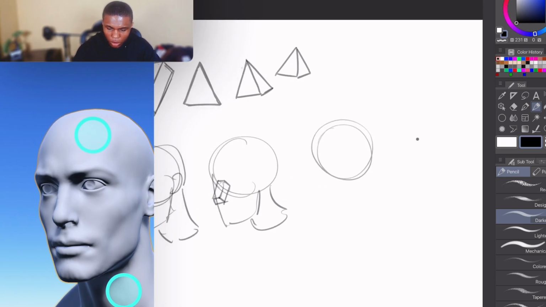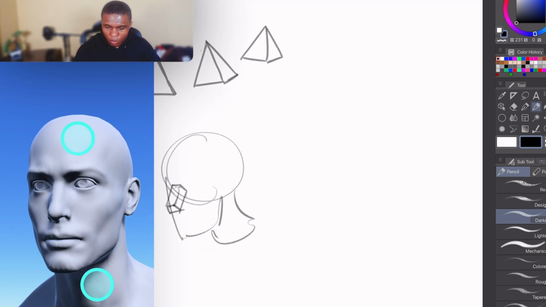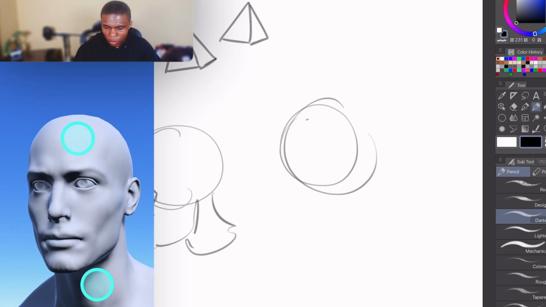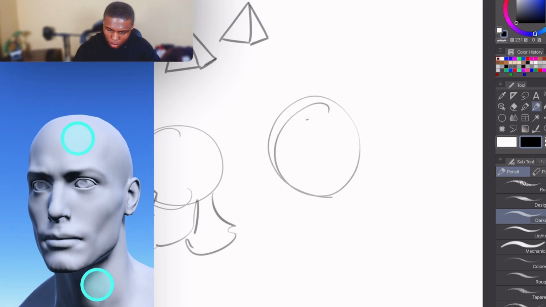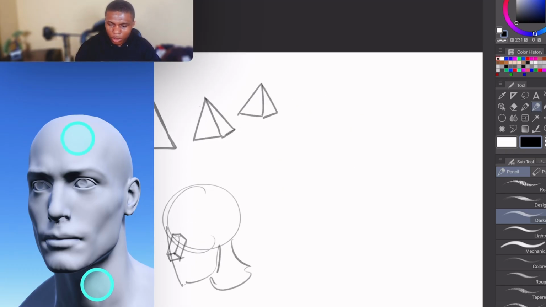So we have our nose here. I'm going to show you the basic shapes I use to practice to get better at the nose. But let's just put the nose out first.